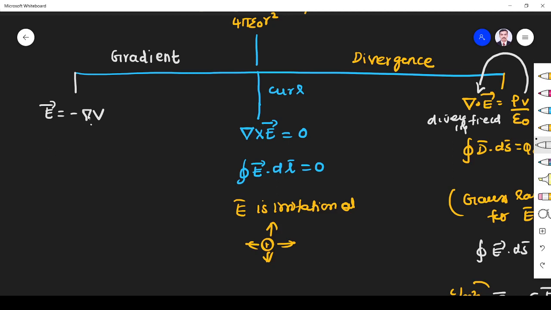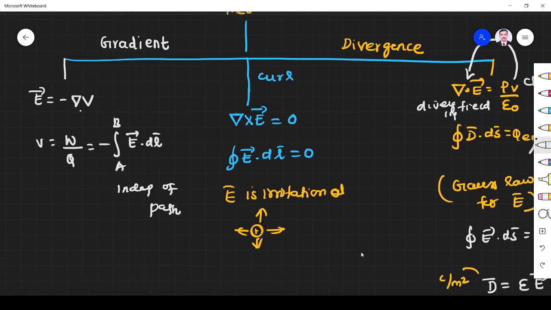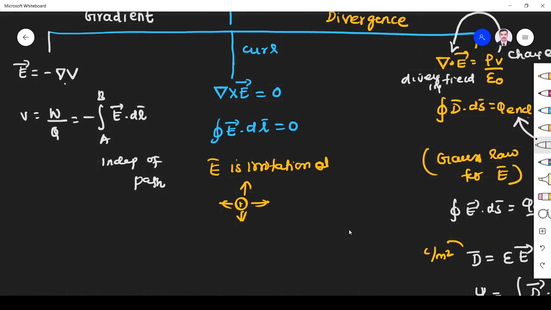V is equal to, potential is nothing but work done per charge, that is given by minus integral of E dot dL from A to B. So potential is work done per charge, and electric field is force per charge. So this integral is independent of path. That we must know. This is what the gradient of electric field is.